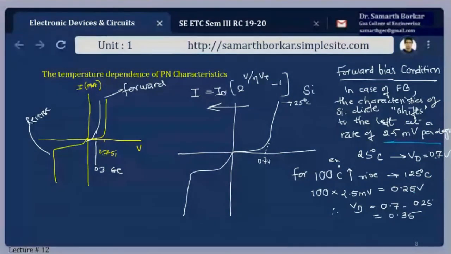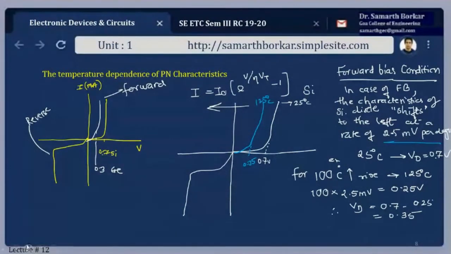So it will shift towards the left. Earlier it was 0.7, 0.7 minus 0.25, so it is 0.35. So I'm going to get this at 125 degrees Celsius, and this value will be 0.35.